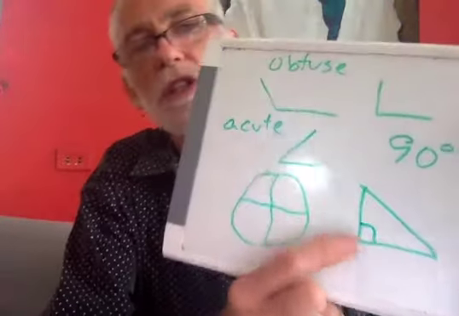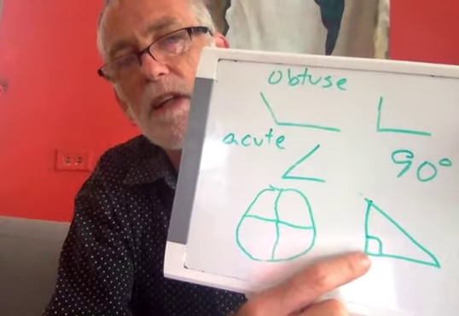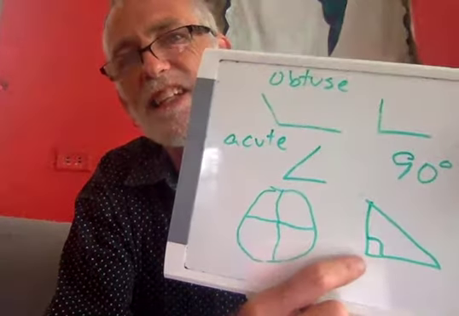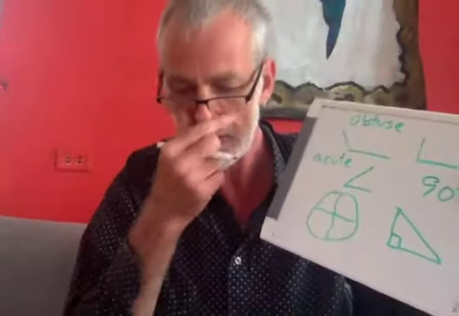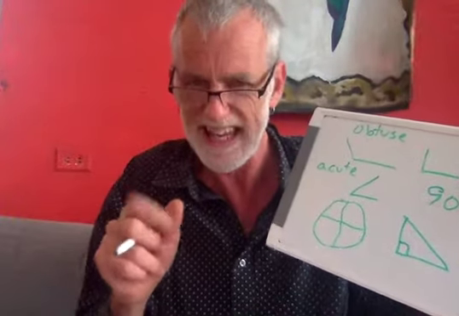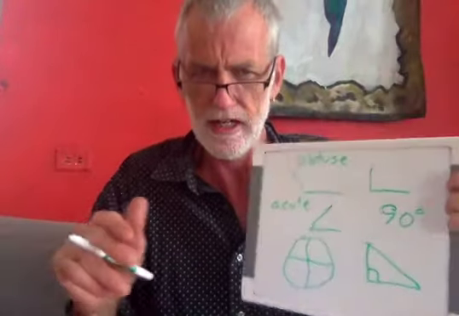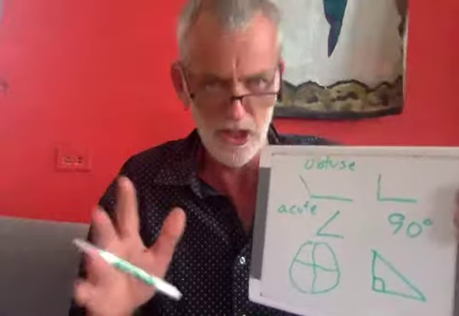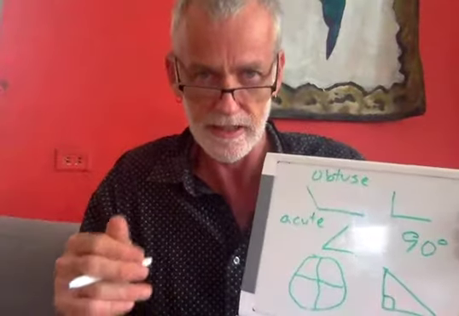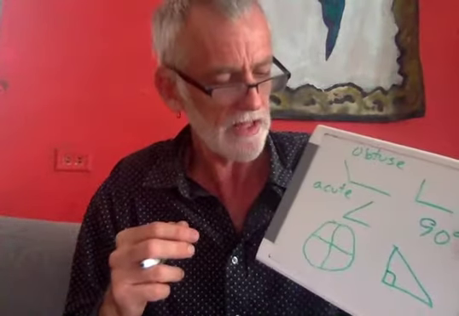You can see it drawn here in your book on page 916. They put a little square there. That square is the symbol for 90 degrees. And then an obtuse triangle, one of the angles is obtuse. It's bigger than a 90 degree angle.